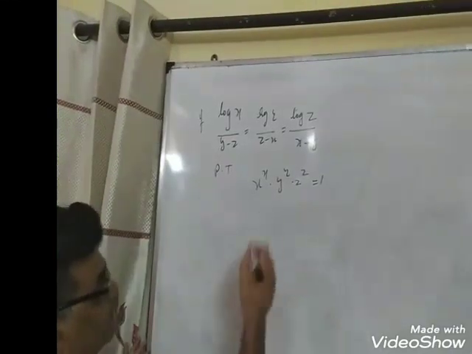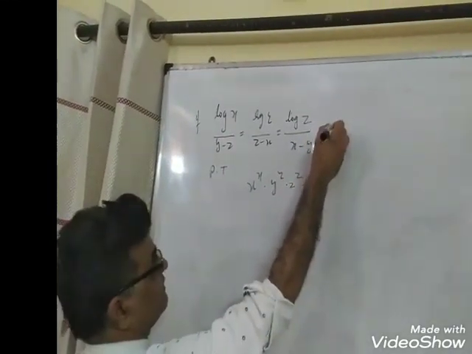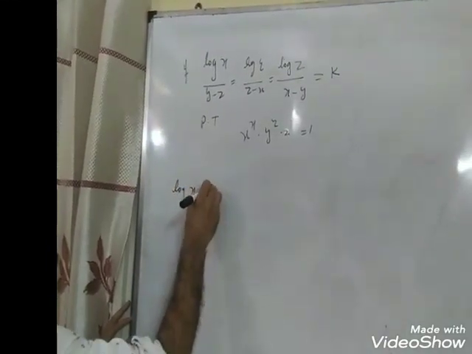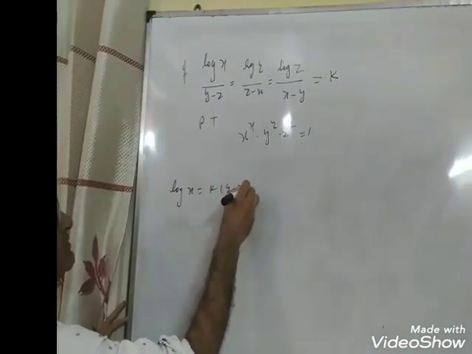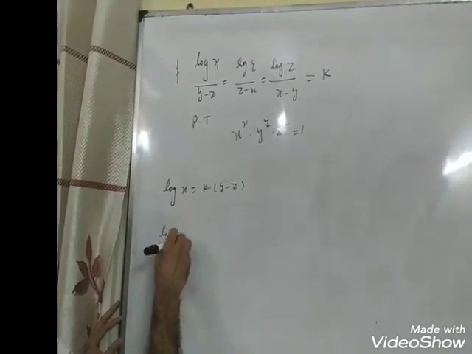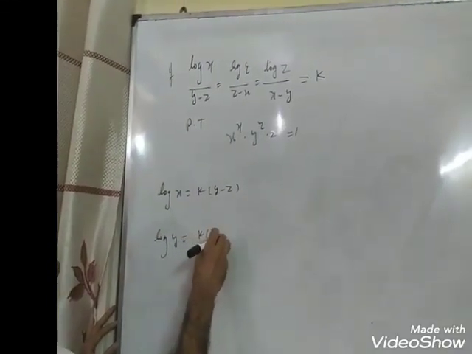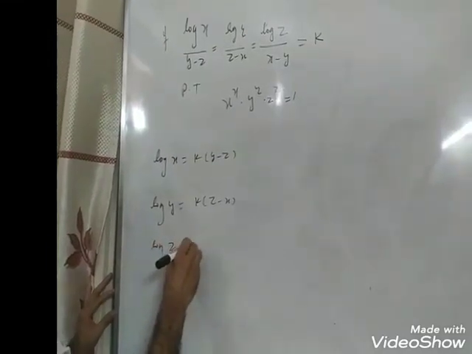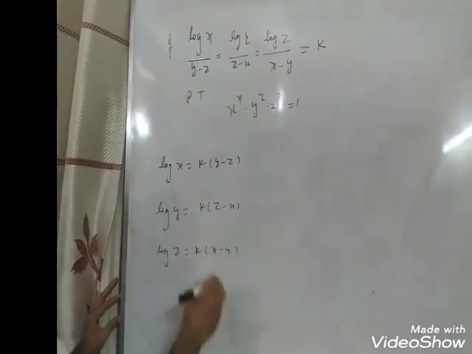Now you see, in this case we take this equal to k. So we can say that log x is equal to k times y minus z, log y is equal to k times z minus x, and log z is equal to k times x minus y.